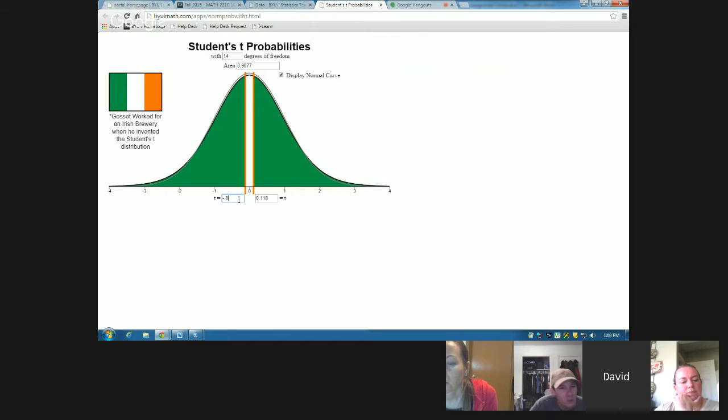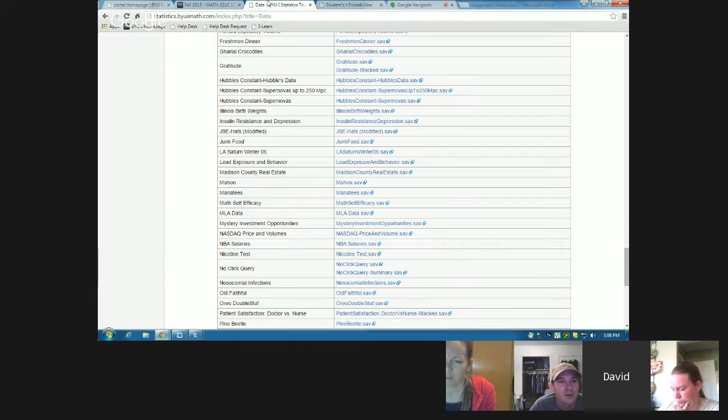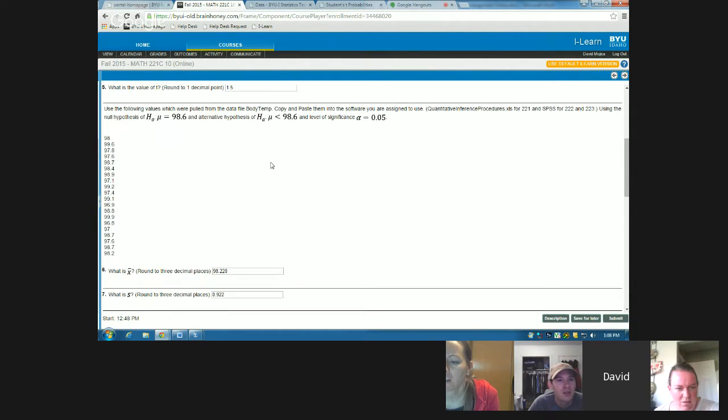So if you put in negative 1.853, and then you just shade the left tail, right? I'm getting 0.0805 for the area. Did you put in 1.853, did you say? Oh wait, what's the degree of freedom?